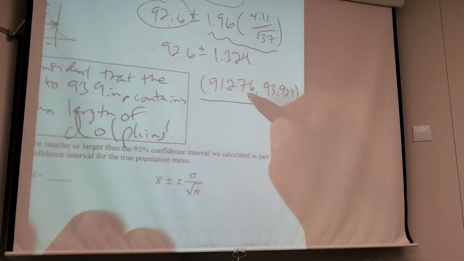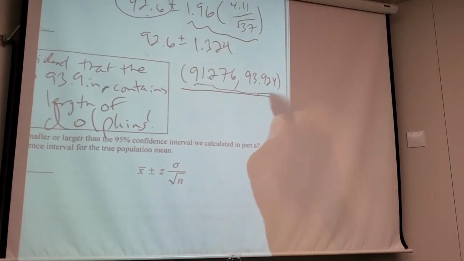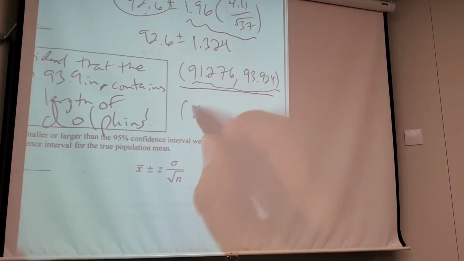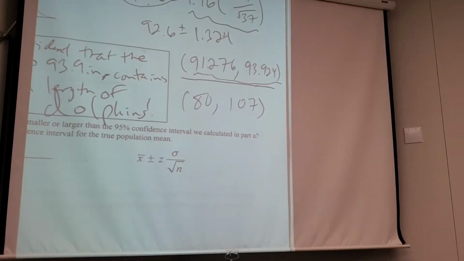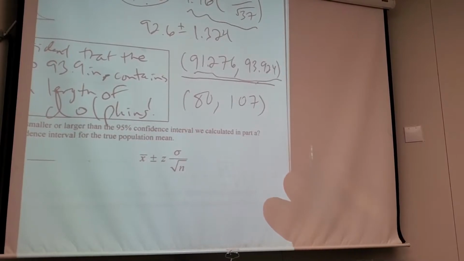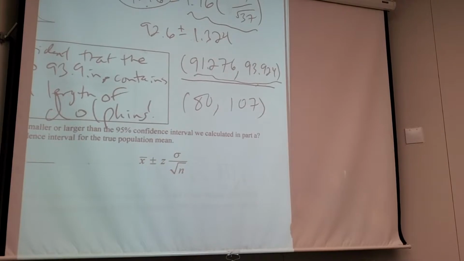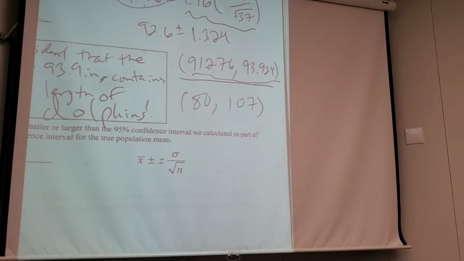So this is what we got. What do you guys think just looking at this? Is this pretty good? What would make it bad? What if another group got 80 to 107 for their interval? Is that better or worse? Which one of us seems to be more certain about what we found? The top one, right?